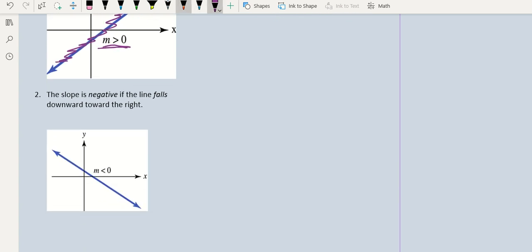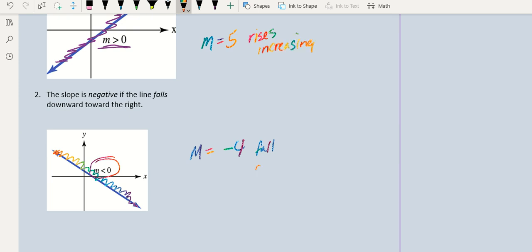Anytime we see the graph falling or decreasing from left to right, that means the slope is negative, which means it is less than 0. So if my slope is m equals -4, that is obviously a negative slope, so it's going to fall. If I have m equals +5, that means it's a positive slope, so it's rising. This means increasing, and this means decreasing.